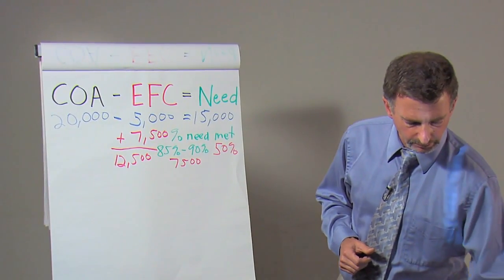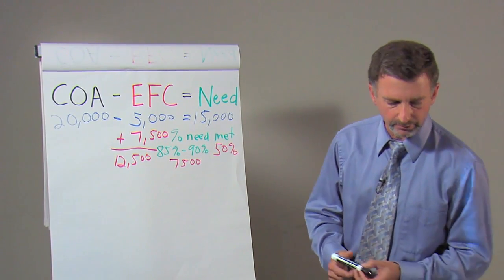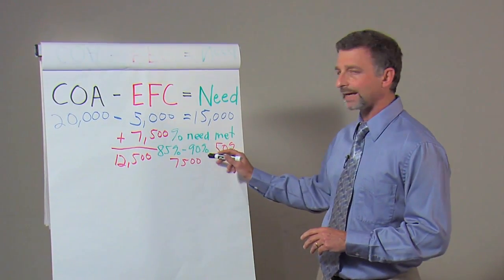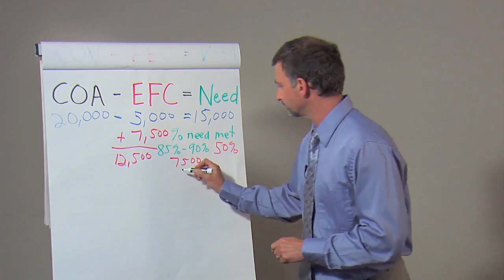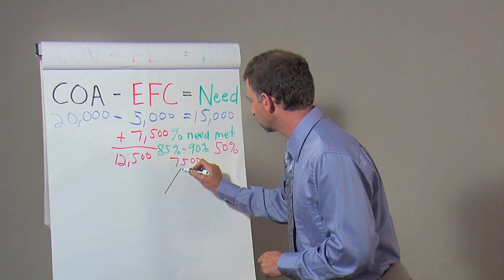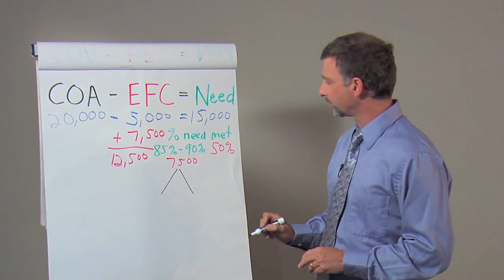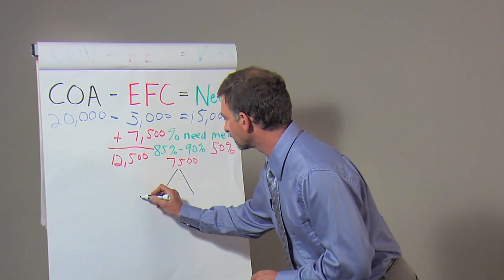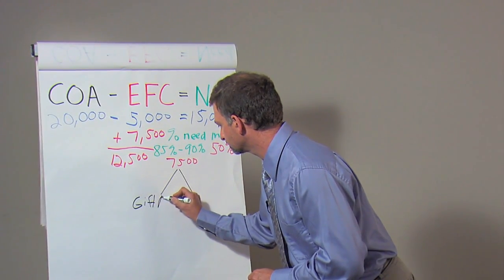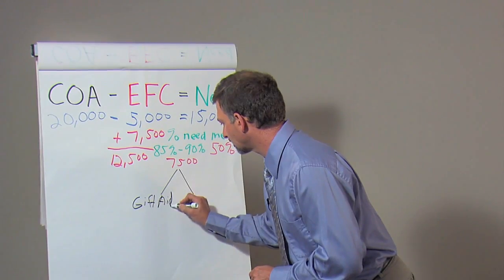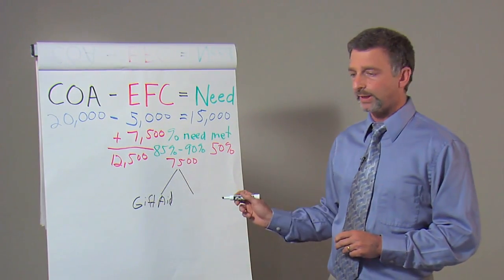Okay, so another important thing that we have to learn about is how this money is actually paid out. It's paid out in two different ways. The first way is what we call your gift aid. Gift aid is free money.